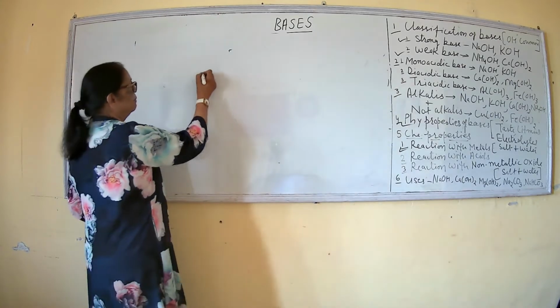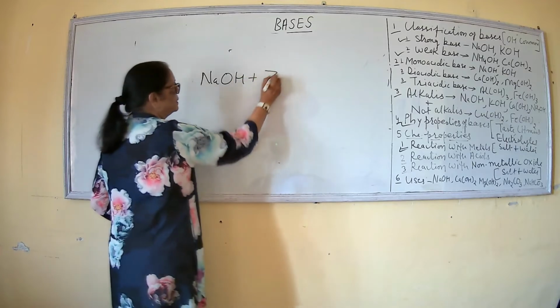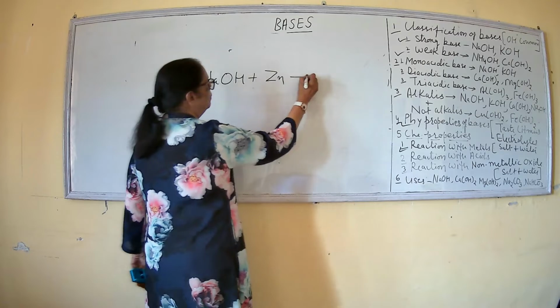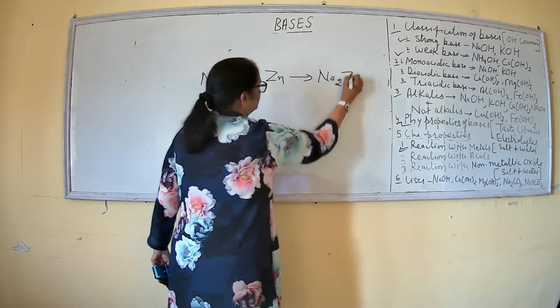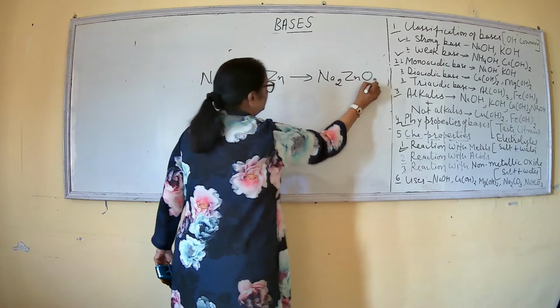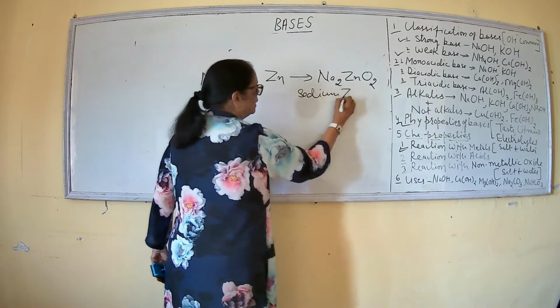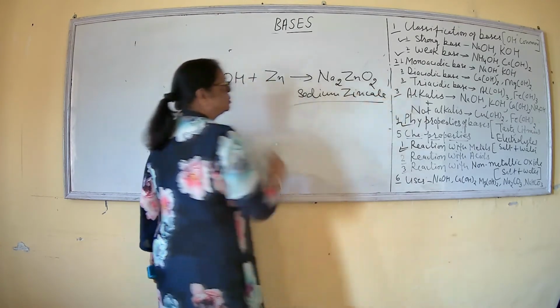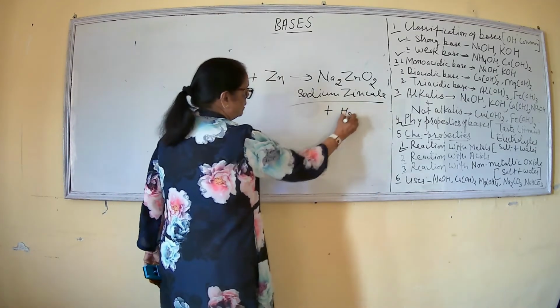For example, we have sodium hydroxide. When it reacts with zinc metal, it will form Na2ZnO2. This is known as sodium zincate, plus of course hydrogen gas.